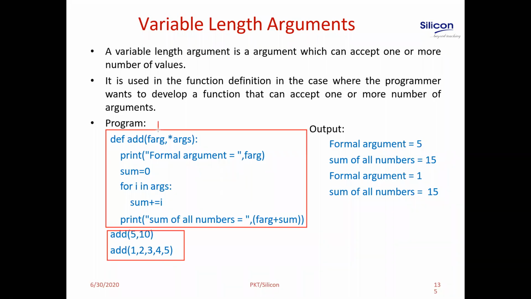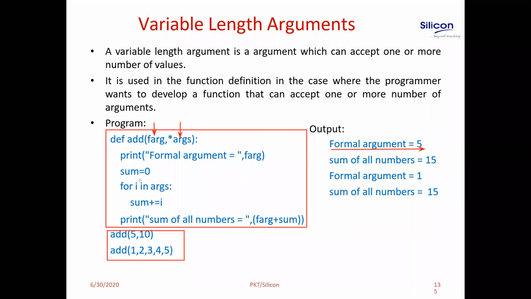So 5 will go over here, correct? And ARGS is what? ARGS is only one element, 10. So if I print the formal argument FARG, what is FARG? FARG is 5, so it will print formal argument 5, correct?